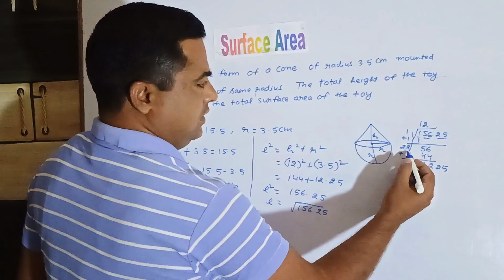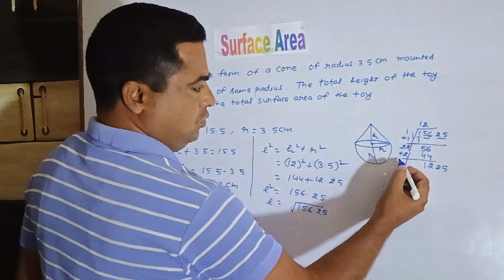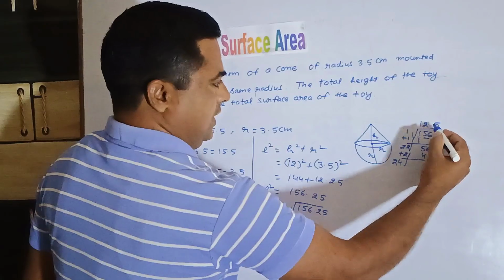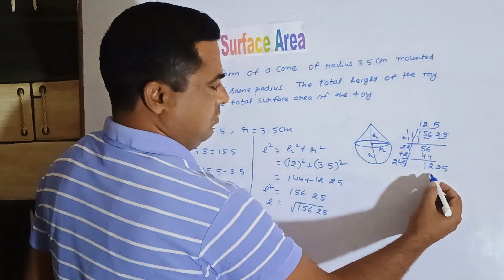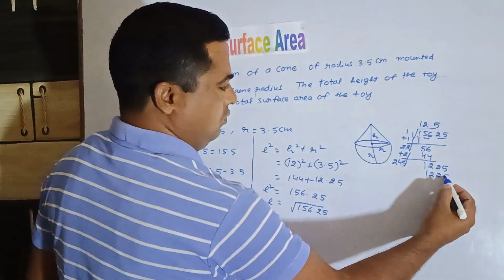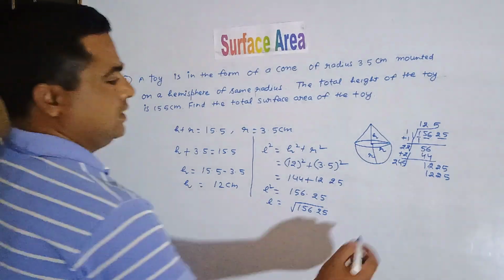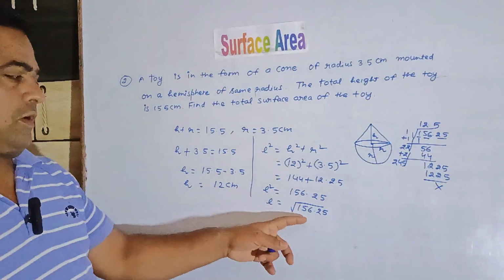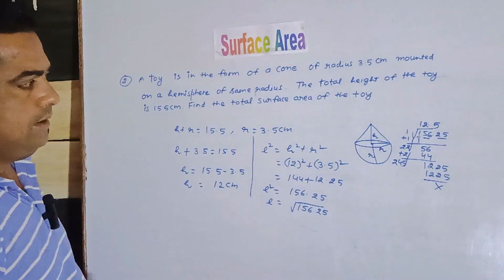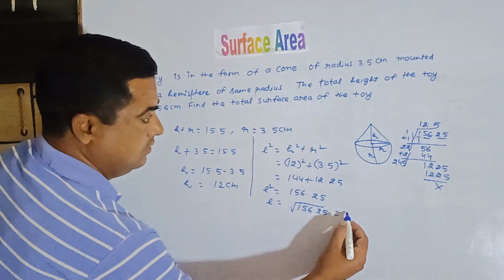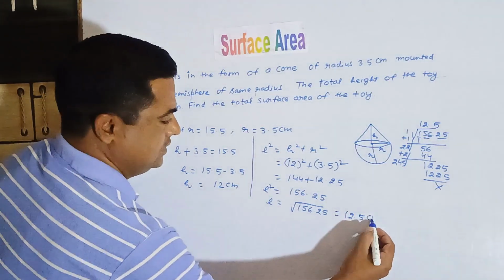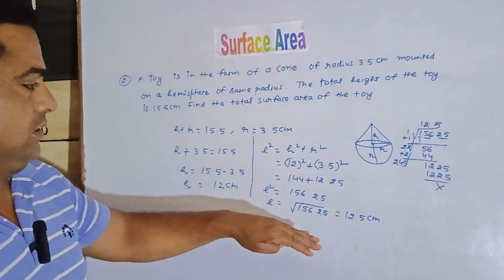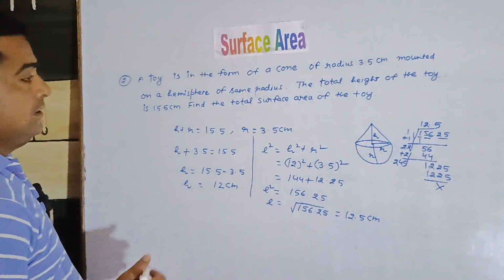We add the unit place digit, 2 plus 2 is 4, and we write 5, 5 times 5 is 25. Means the square root of 156.25 will be 12.5 centimeter. This is the value of the slant height.